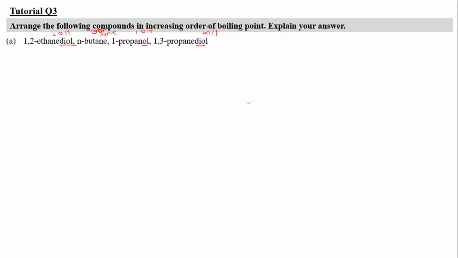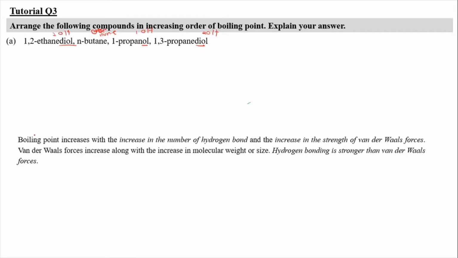The second factor that might apply here is the molecular weight, because they come from different carbon chains. So the boiling point will increase with an increasing number of hydrogen bonds due to the presence of OH groups.